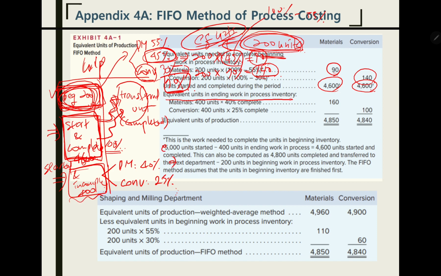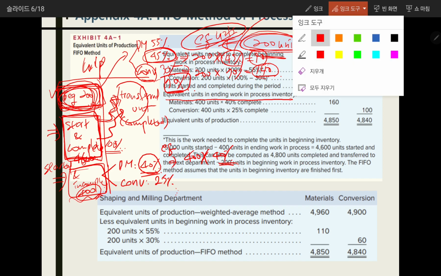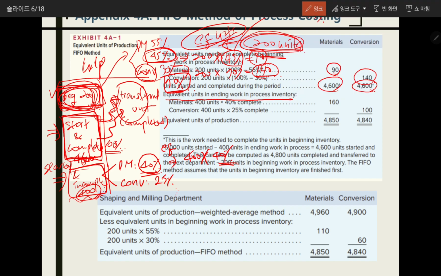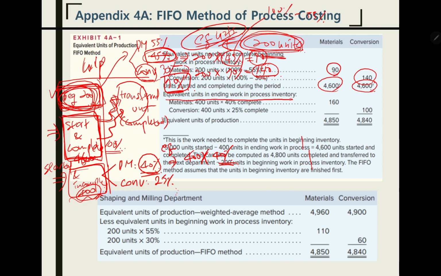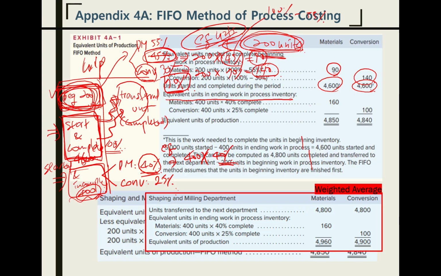We have to convert to equivalent units. So equivalent units are 400 units times 40% of effort, put into this process during this period, right? So look at that, we are accounting for the efforts that are made during this period.